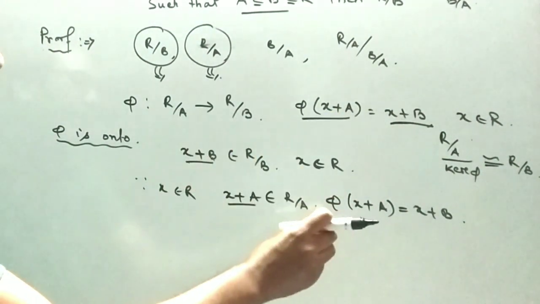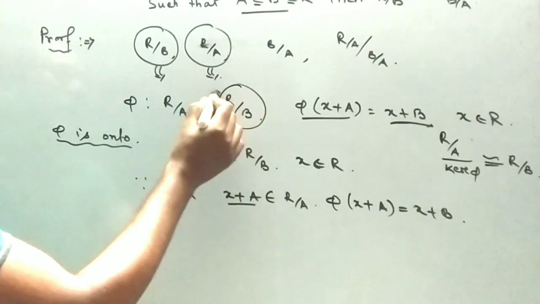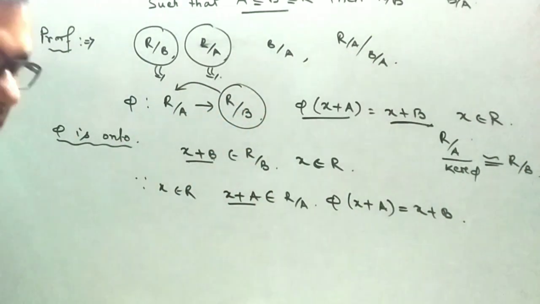That is, every element of the codomain has a preimage. So the function is onto.